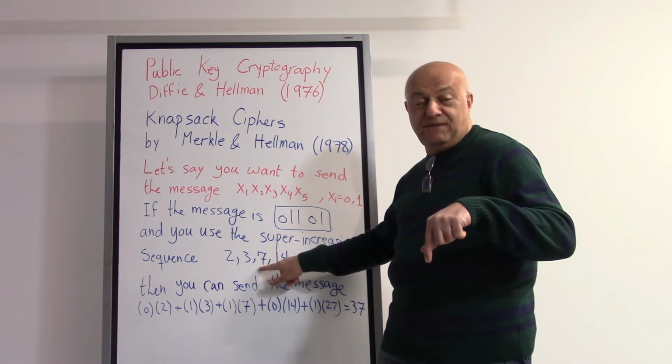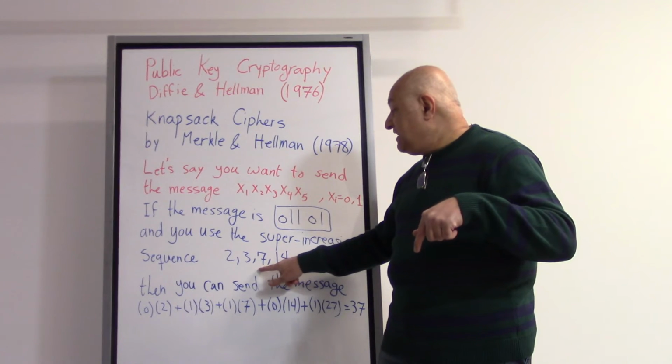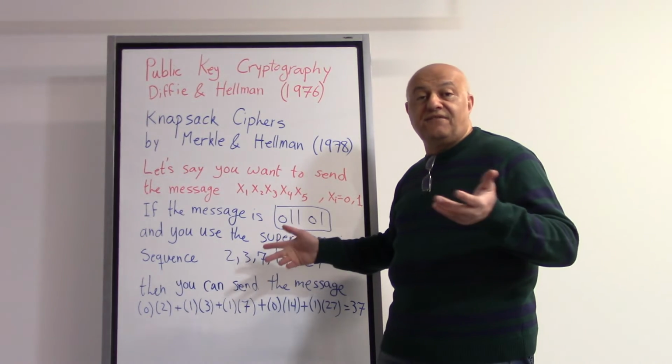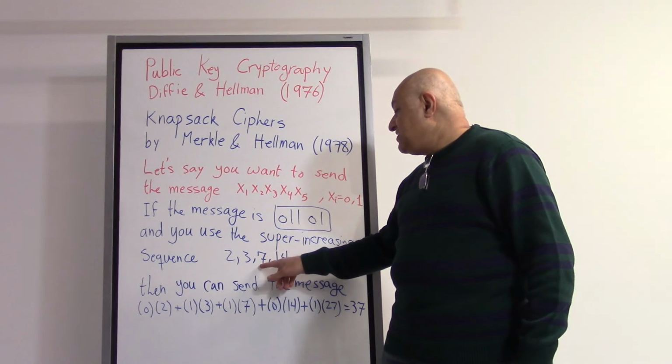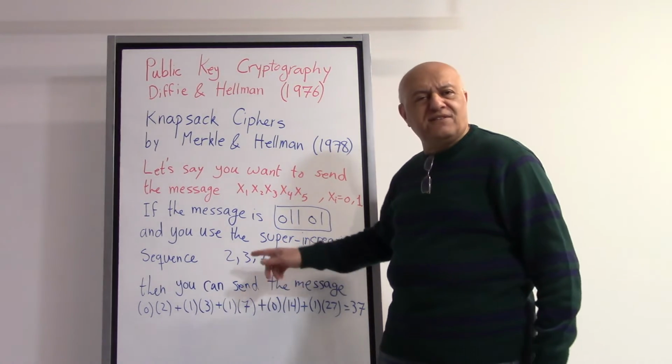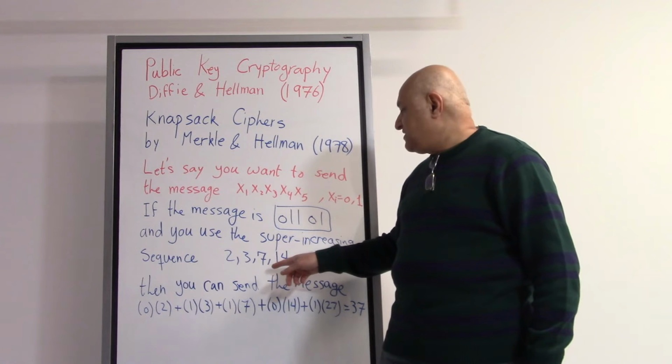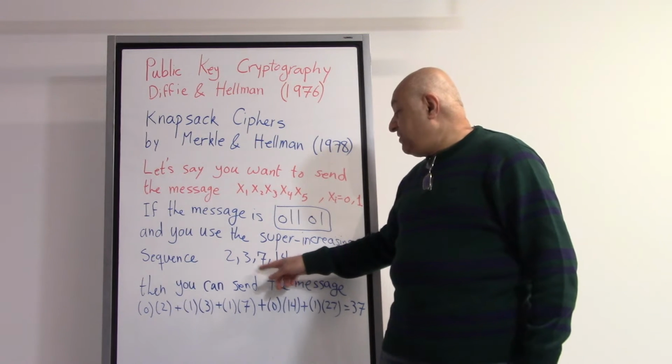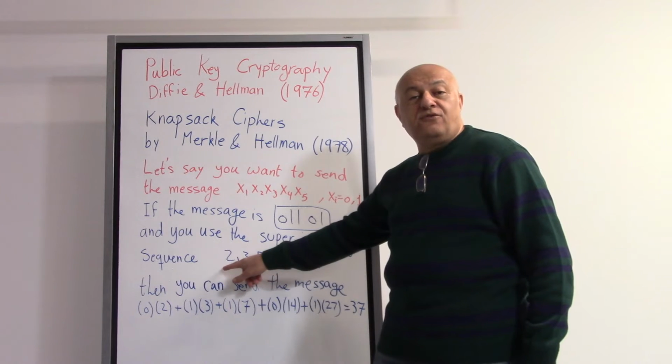Definitely 7 must be there, because if 7 is not there, some of the rest of this stuff cannot be equal to that. 7 is there, so you subtract another 7 from the remaining, which was 10, and you get 3, so 3 should be there, and 2 is not there.